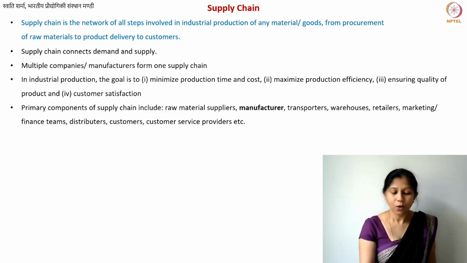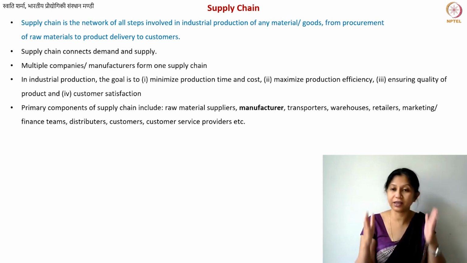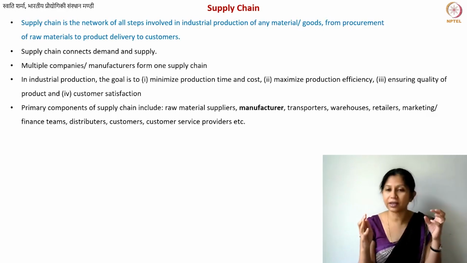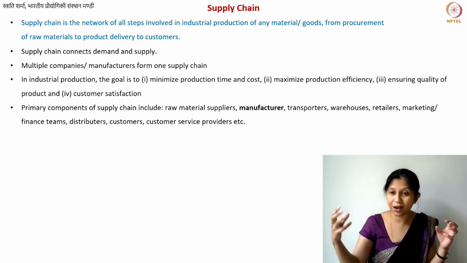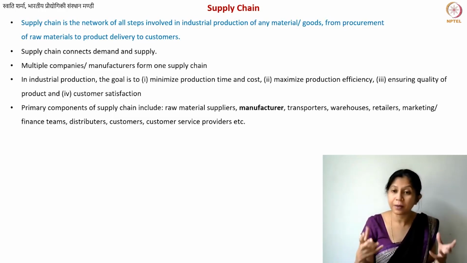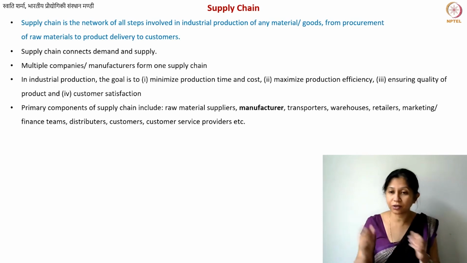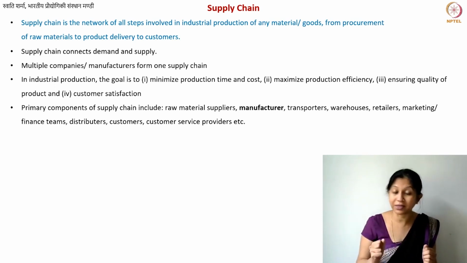Okay, what are the primary components of supply chain? Again, the manufacturer is at the center, and then there will be raw material suppliers, and on the other side you will have warehouses. Warehouses means storage facilities. Of course, to send your material to the warehouse, you will also have some transport companies involved.